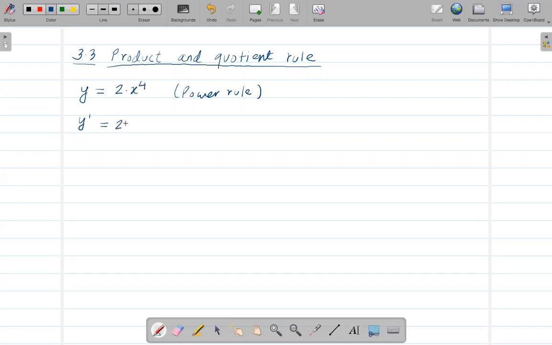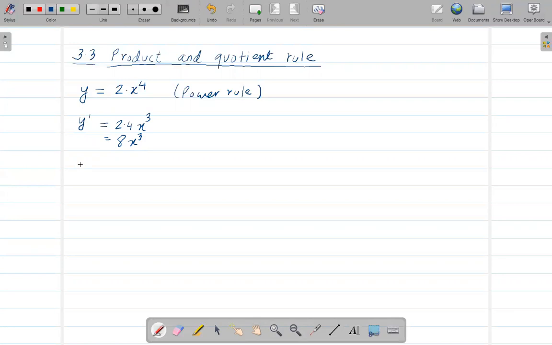So it's 2 times 4 x to the power, now we get a new power, which is 4 minus 1, 3. So 4 times 2 is 8 times x to the power 3. All right, so on this one, we can use the power rule directly, right?